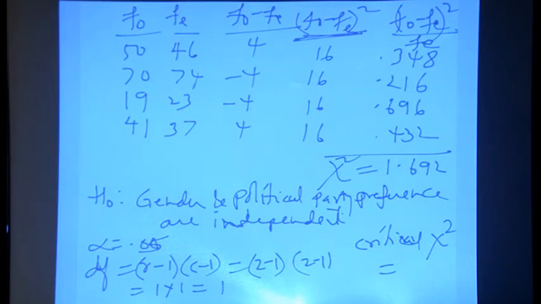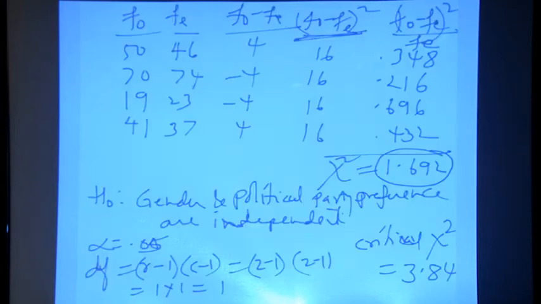What was our critical chi-square? We already worked on that in the previous problem, from the table it was 3.84. Now, our calculated chi-square 1.692 is less than 3.84. Therefore, we will have to accept the null hypothesis.